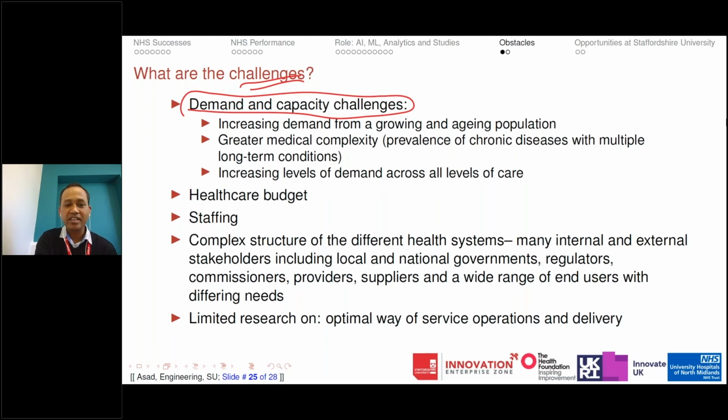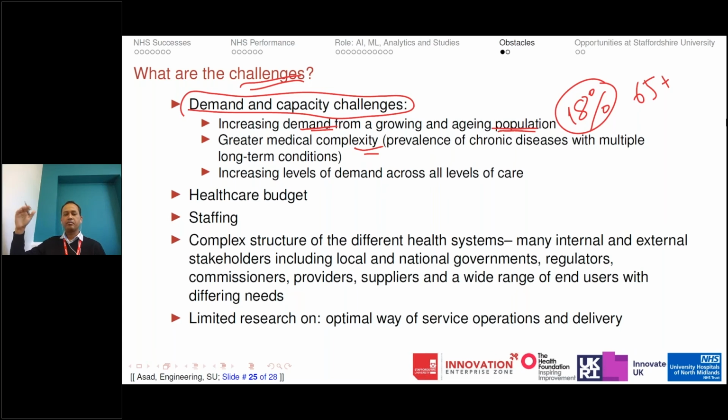We know that demand is increasing due to the aging population. The UK has 18% of the population who are aged 65 plus. Due to the advancement of medical technologies, life expectancy has gone up.